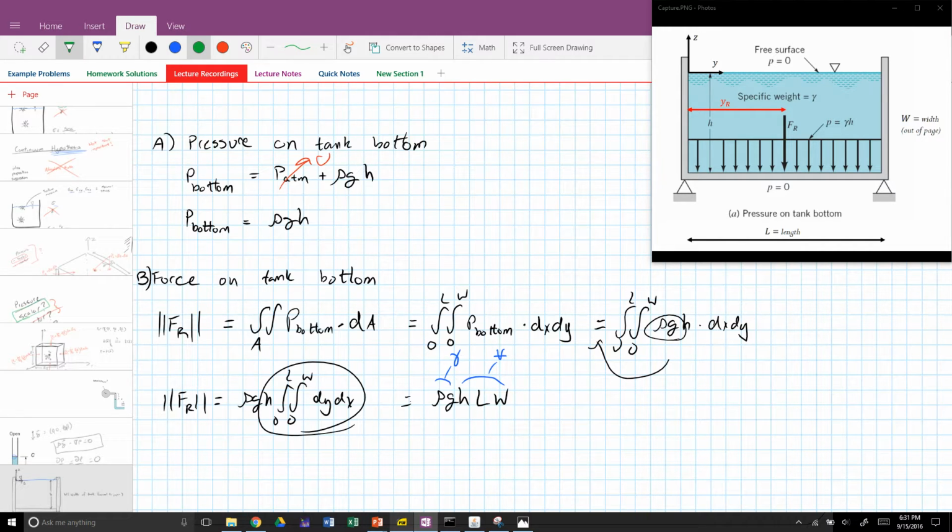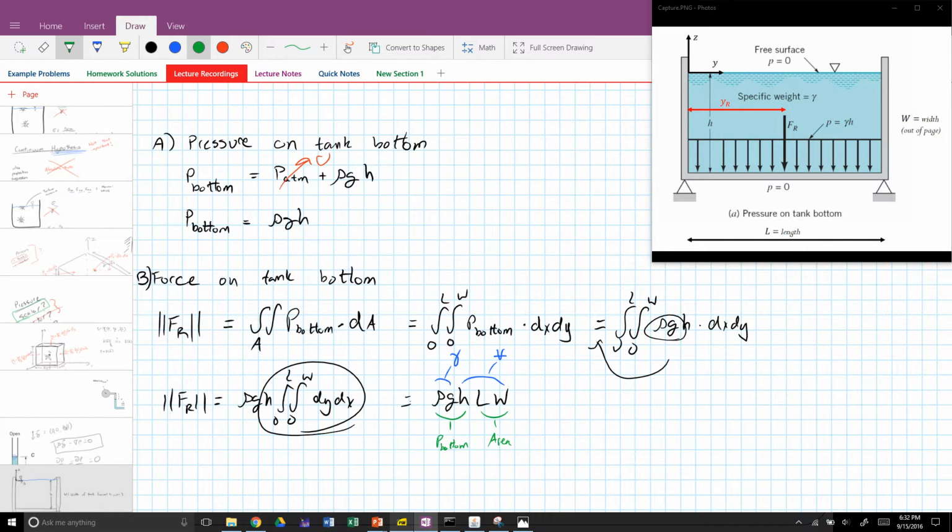At the same time, you could say this is the pressure at the bottom, and this is the area of the bottom. So it should make intuitive sense that the pressure acting on the bottom exerts a force equal to the weight of the volume of fluid above it. You wouldn't have it any other way.